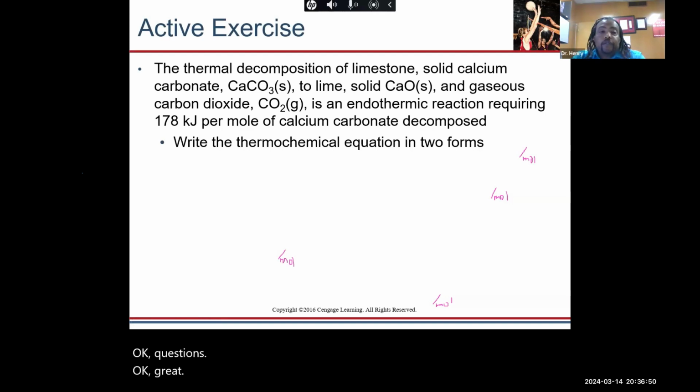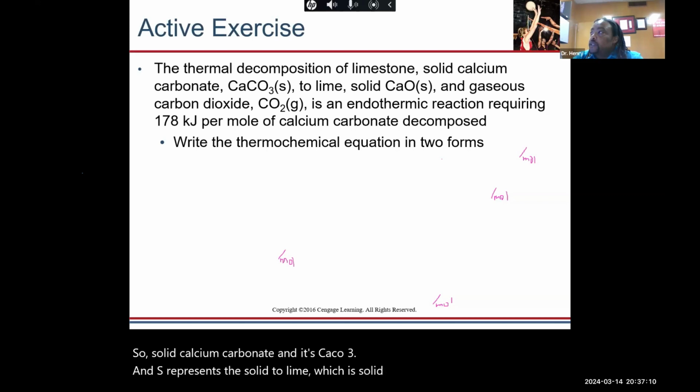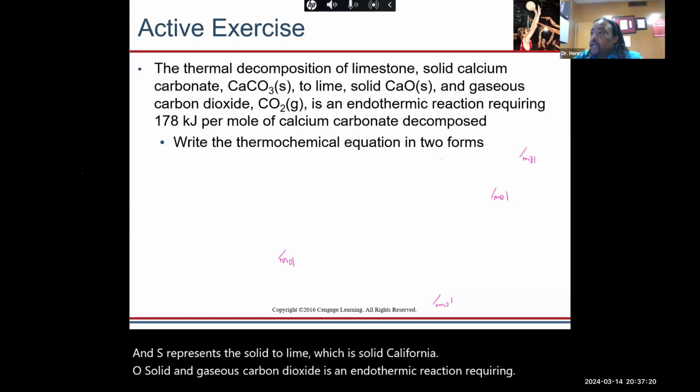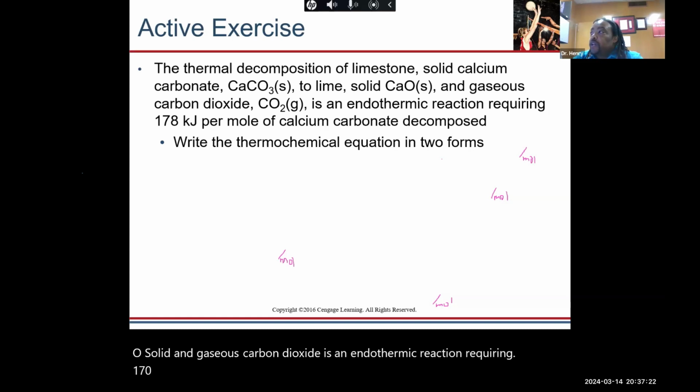Okay, so here's a question for you guys. The thermal decomposition of limestone, solid calcium carbonate, CaCO3, where (s) represents the solid, to lime, which is solid CaO, and gaseous carbon dioxide, is an endothermic reaction requiring 178 kilojoules per mole of calcium carbonate decomposed.